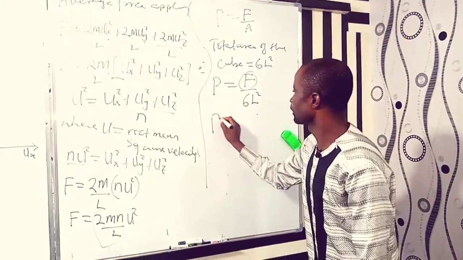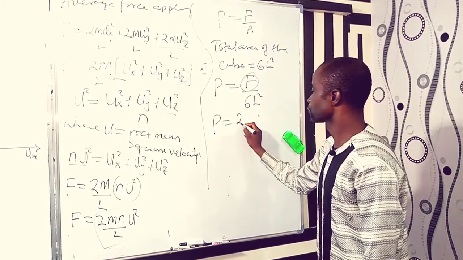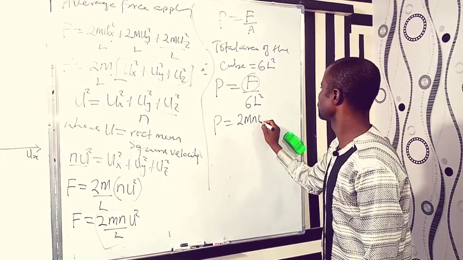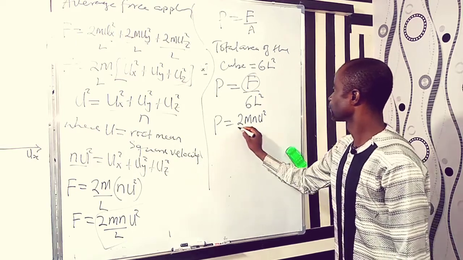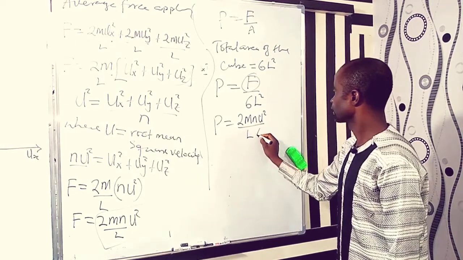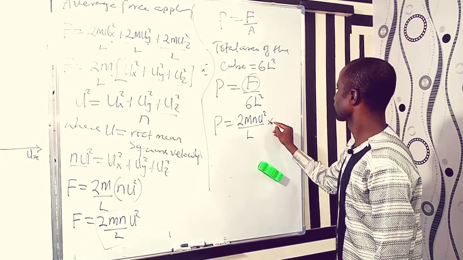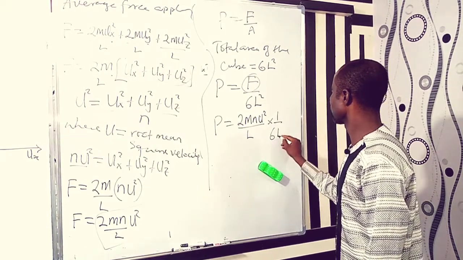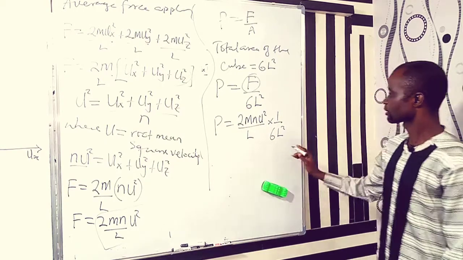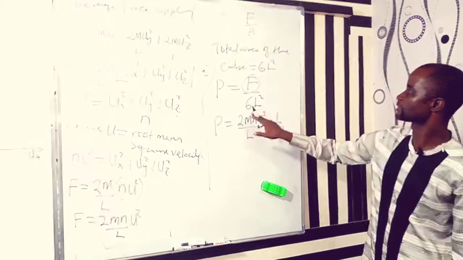Therefore, the pressure now will be equal to 2mNu squared over L times 1 over 6L squared, because 6L squared is the area.